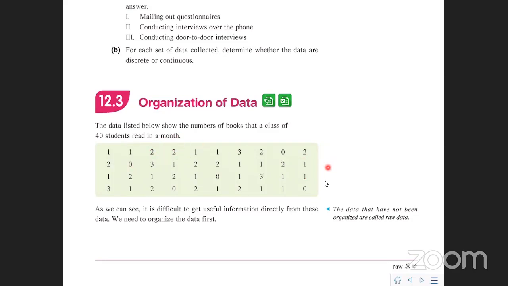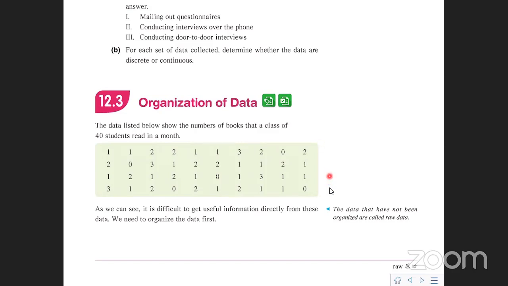By impression, if you just look at this, you may see there are quite a lot of 1s. But more precisely, how many students read one book in a month?